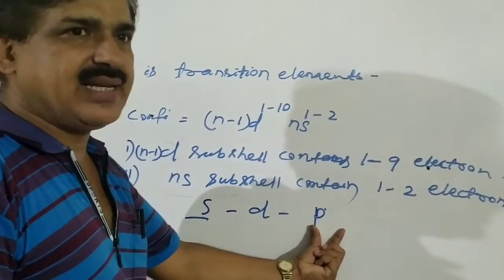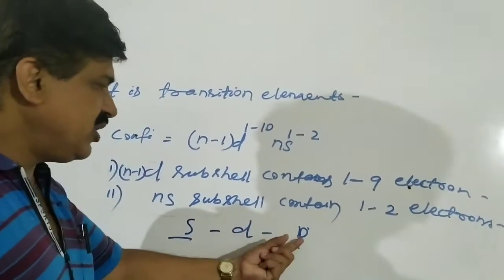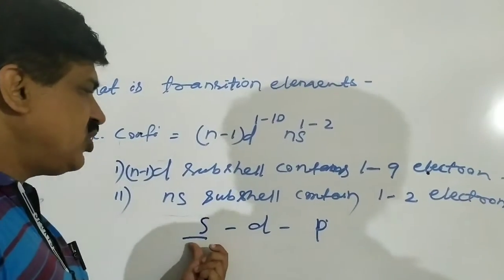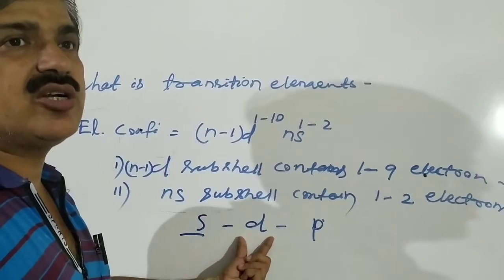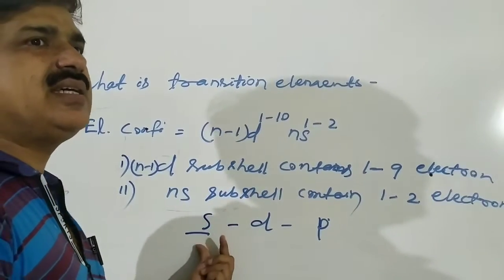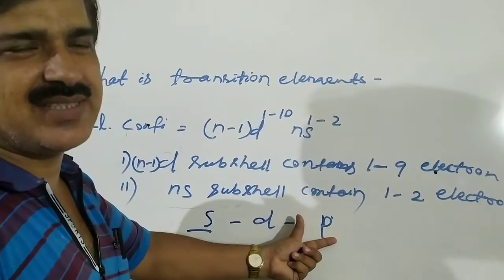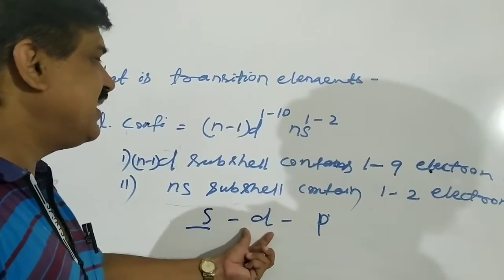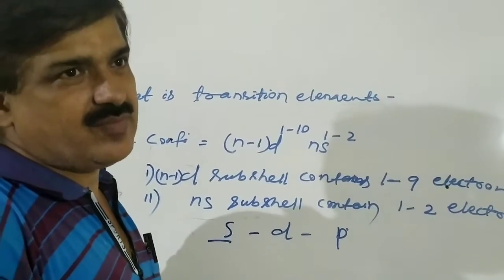These are more electronegative anions. In between electropositive and electronegative, these represent a transition or change of state from metallic to non-metallic, electropositive to electronegative. So that's why these d block elements are also called transition elements.